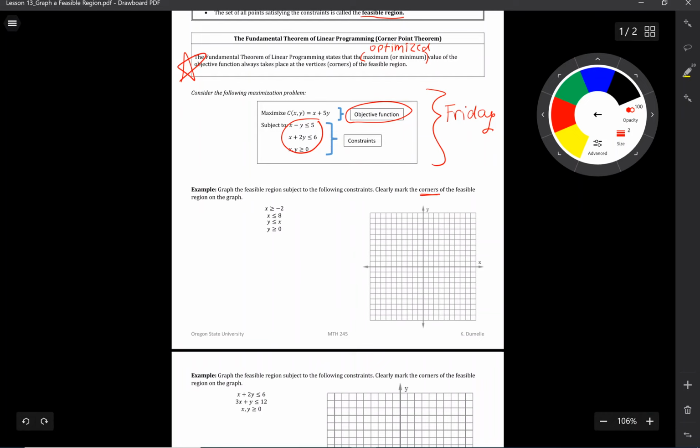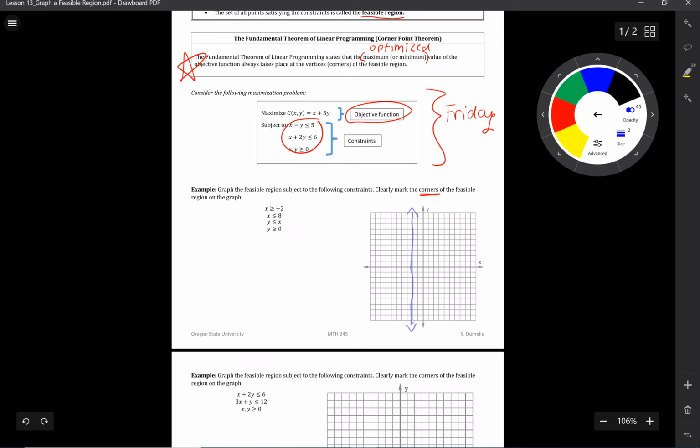x is greater than or equal to -2. So if I graph the line x is equal to -2, that line will be here. Here is x equals -2.